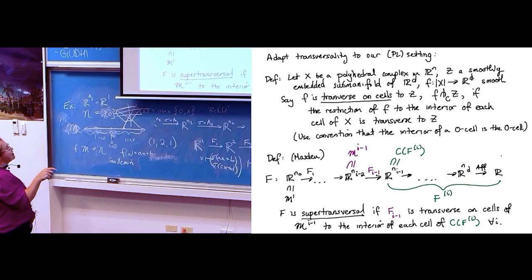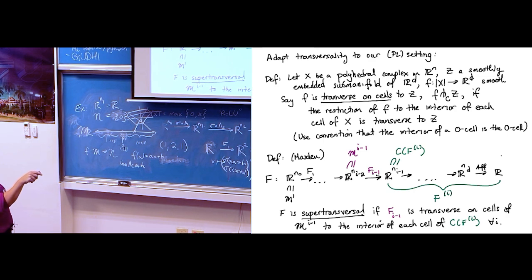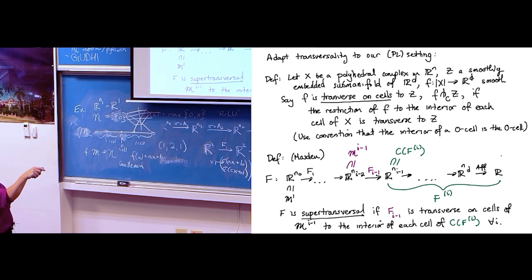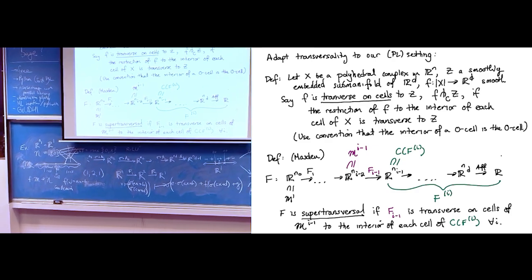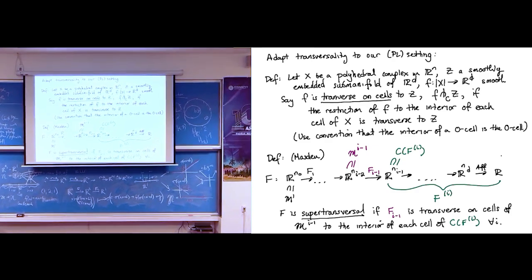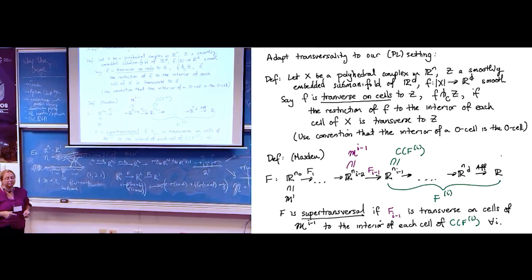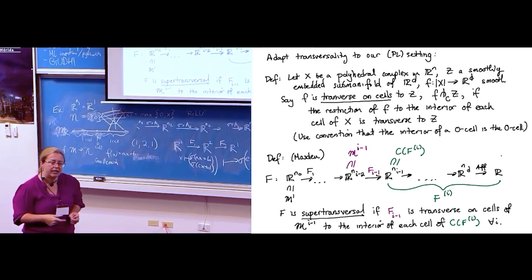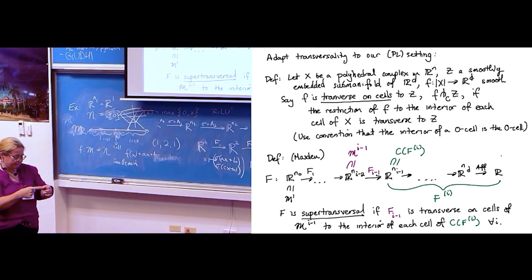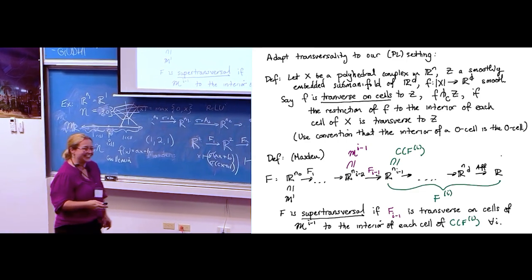You can define F to be transverse on cells, and we're going to write this as F pitchfork with a C to denote the cell, if when you restrict F to the interior of each cell, that map is transverse. So it's like the whole thing can't be transverse because it's not smooth. But if you just look at what F does on a single cell, it's linear, so it's smooth. So you can ask, is that map transverse? And so you just look at each cell and you say, is it transverse on every single cell? Yeah. It's local in the sense that it's cellular.